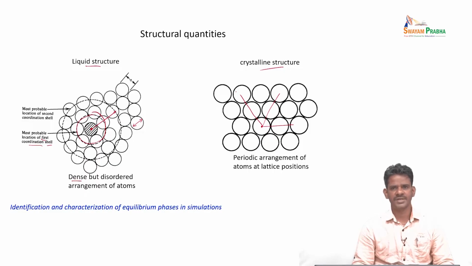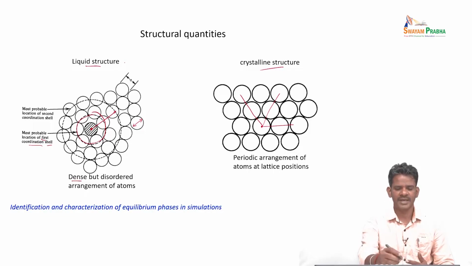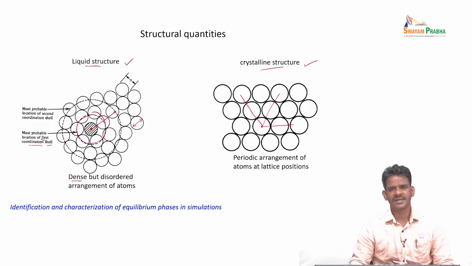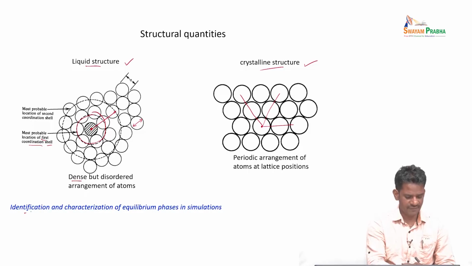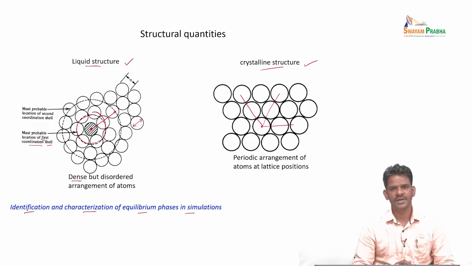And once the system has reached equilibrium, you want to find out what is the local structure, the local order of the system, which could be either liquid like or crystalline like, or it can even be in a gaseous state as well. So, how do we identify and characterize equilibrium phases in simulation? That is the question that we want to ponder here.